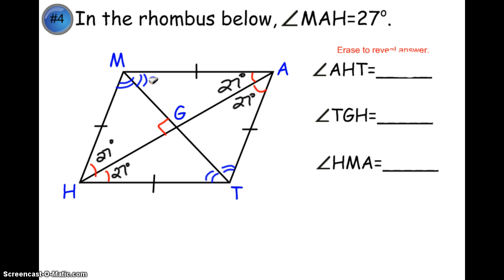And anything that's blue is a complement of 27 degrees because, again, we have 4 right triangles. And we know that the 2 acute angles have to be complementary because we have to have a sum of 90. So this becomes 63 degrees. So everything in blue is 63 degrees.